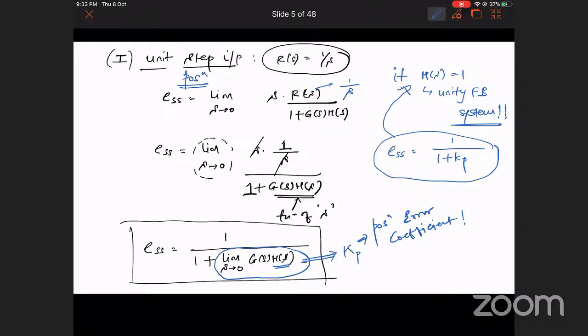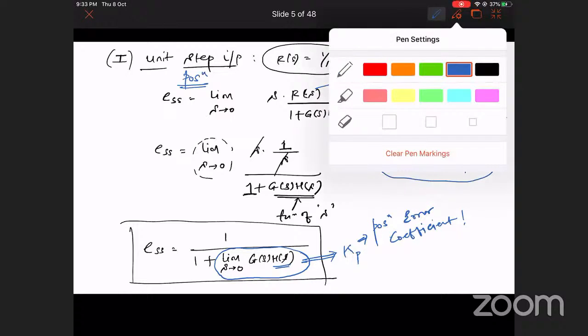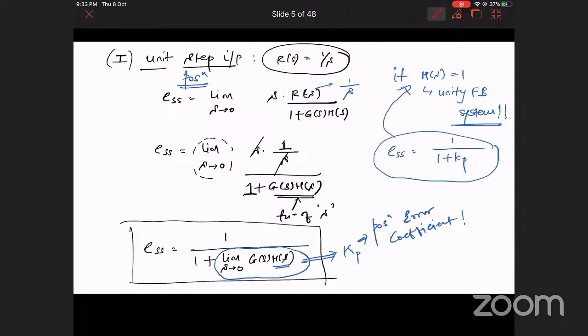ESS is equal to 1 upon 1 plus Kp. If h of s is not equal to 1, if h of s is some non-unity value, you can still calculate ESS using the general formula, but you cannot calculate ESS in terms of Kp. That is possible only if it is a unity feedback system.